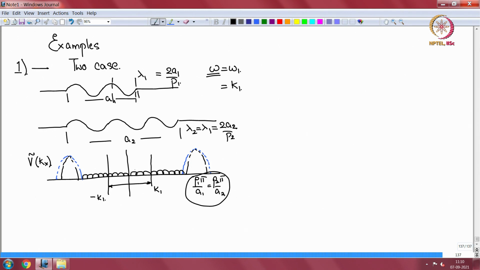And for both panels, because this range looks similar, you will get the same power. Power is the same for both panels.